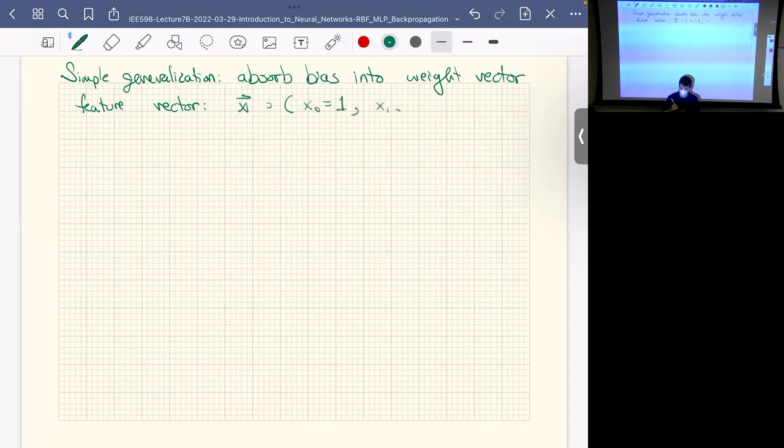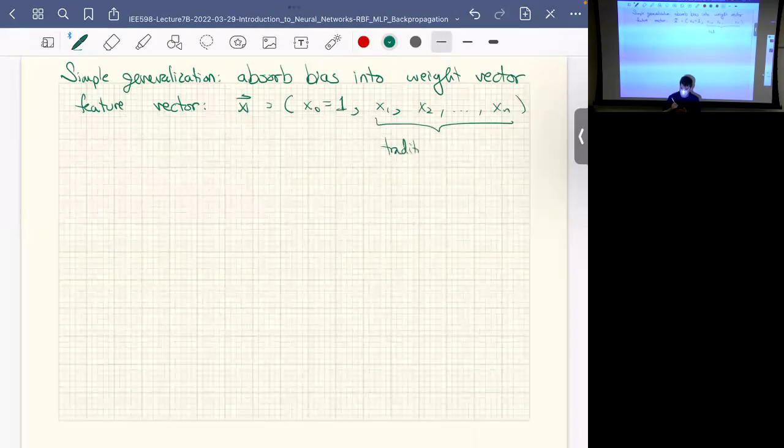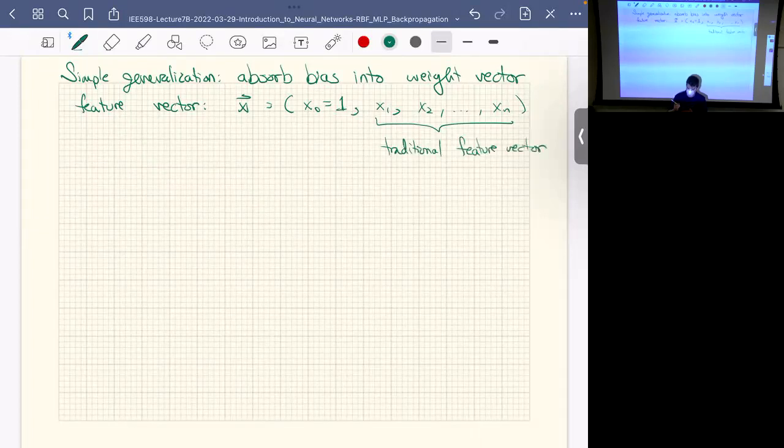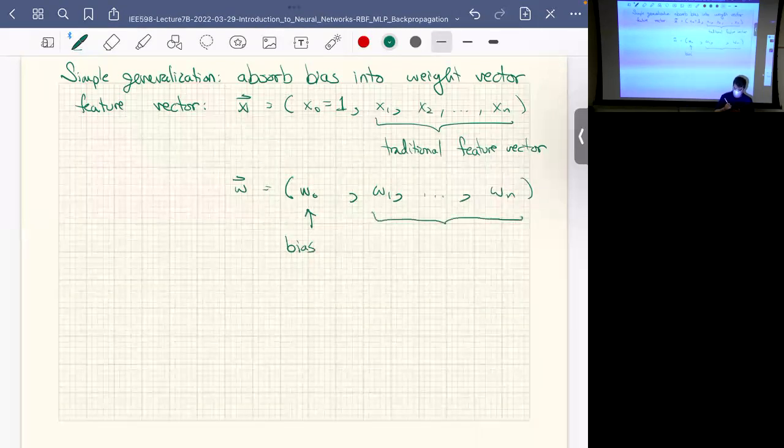And then it's going to have my x1, x2, all the way up to xn. So this is my traditional feature vector. And then by doing that, I can have a weight vector w, which has a w0, which is the old bias term, then w1, all the way up to wn. And so this here is the bias term, and this here is the traditional weight vector.